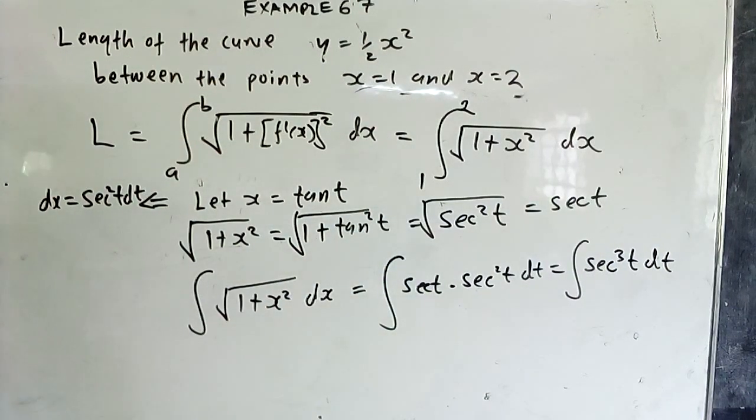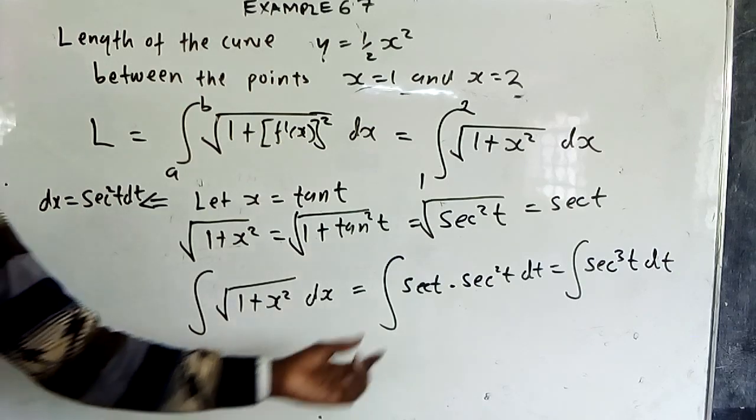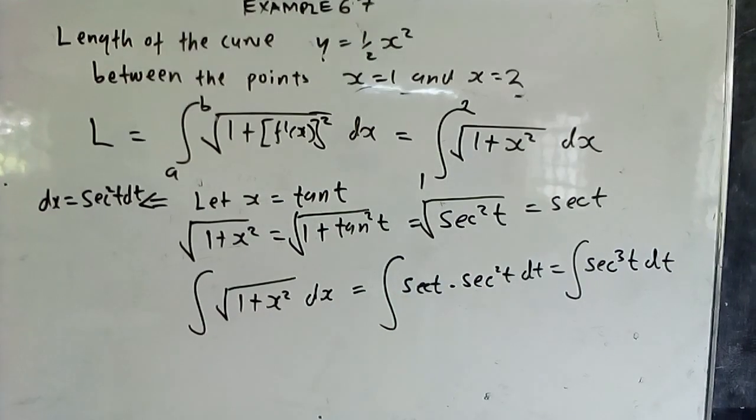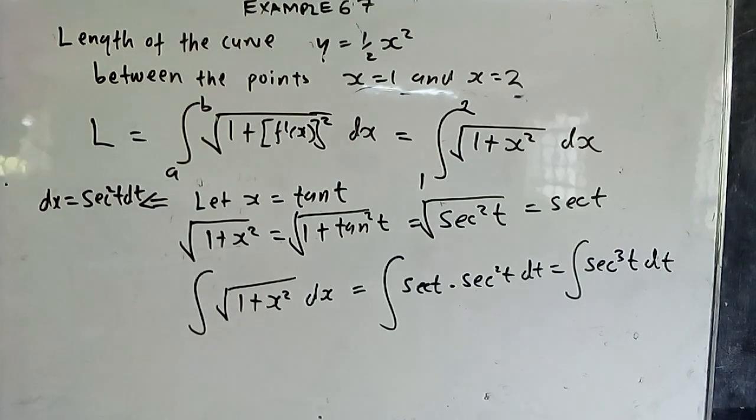You don't even need to transform it to sec cubed t, because you know you are still going to separate it like this to do integration by parts. So you let one to be u and the other to be dv. What is your u?